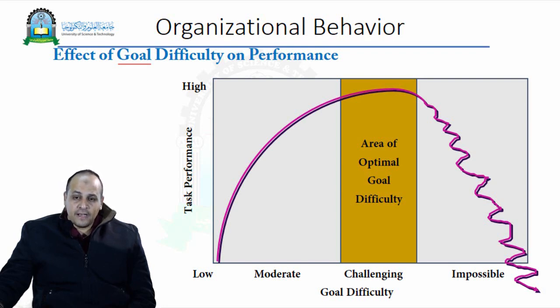You see the relation here is actually based on the level of goal difficulty here. So if it's low, goes up to moderate, and the max point here is high. Okay? Now, if it goes beyond this one, the more difficult the task is, the more difficult employees achieve the task.